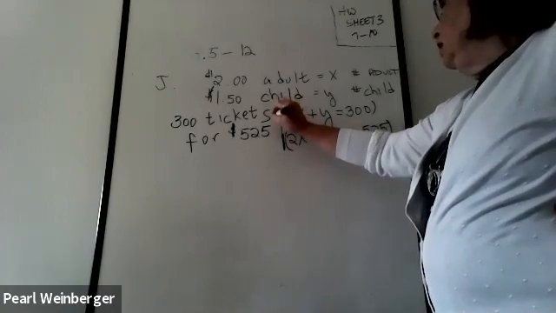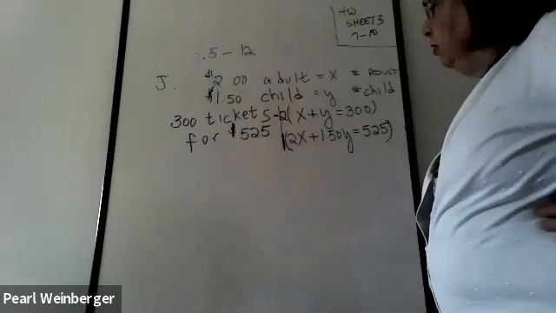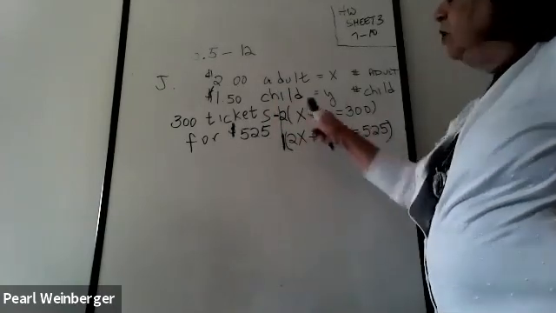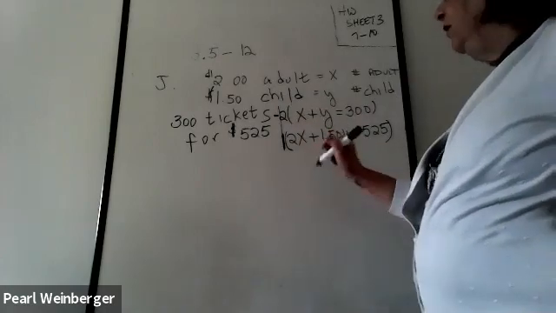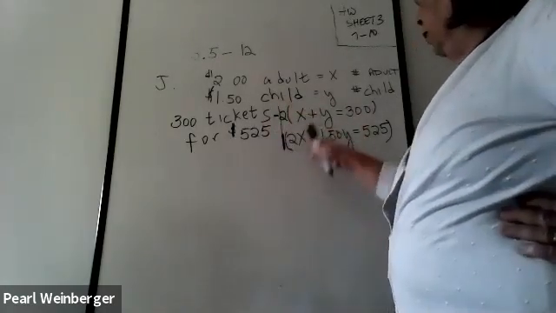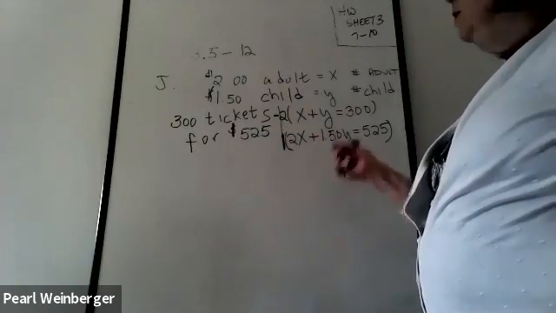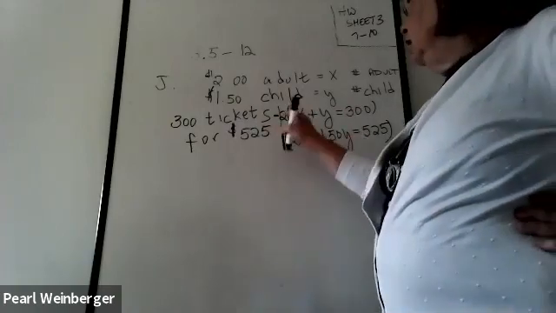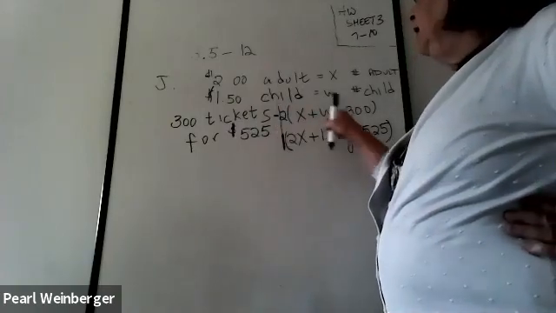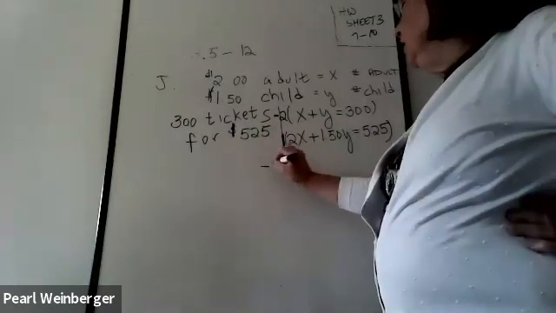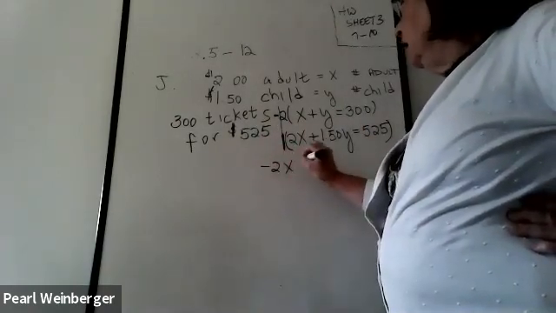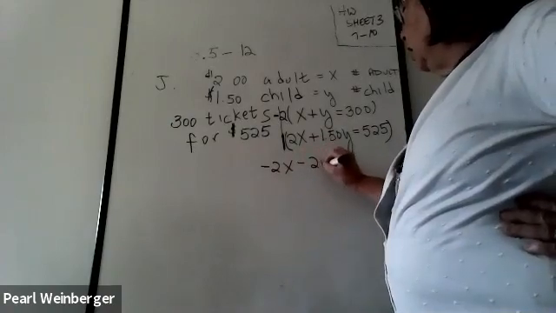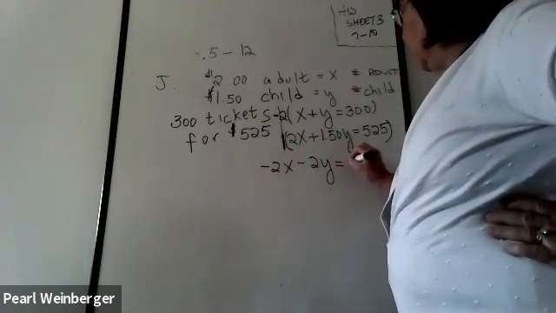And let's use a -2 on the top one. It could have been a -1. I have to have 1 positive, 1 negative, so that I end up, when I add them, eliminating the variables. So multiplying the top equation by -2 will give me -2x minus 2y equals -600.